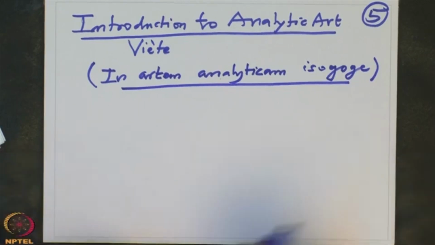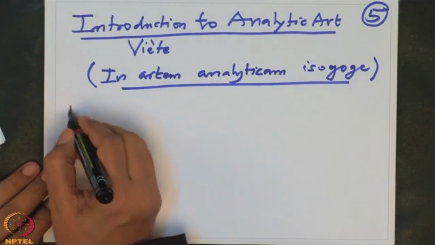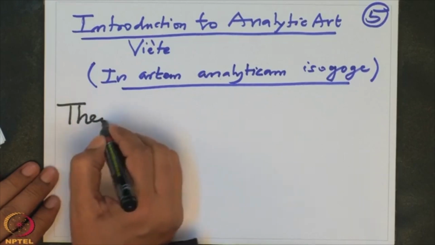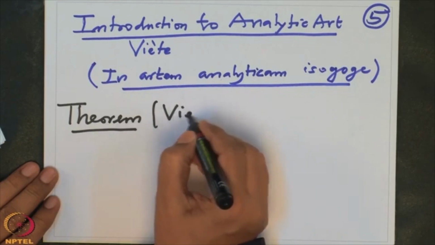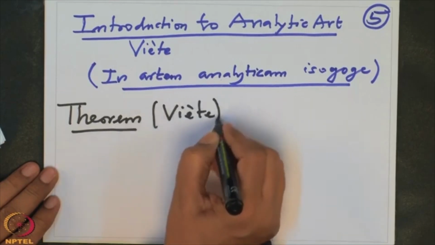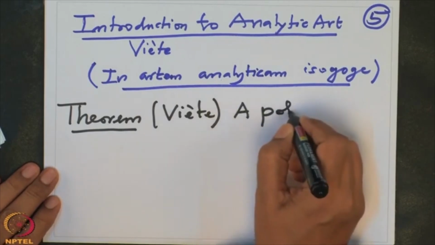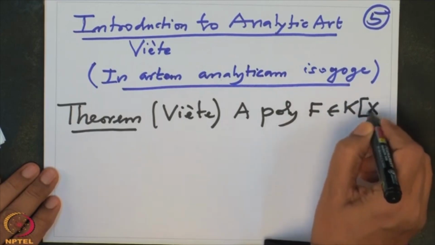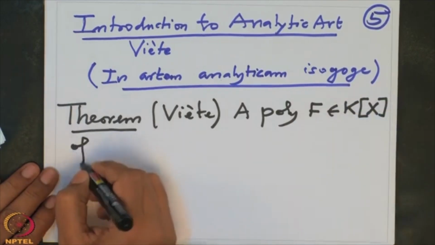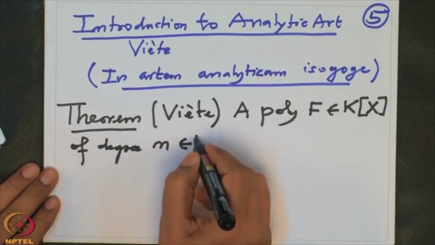So let me now state what we proved, this observation, as a theorem, so that we can refer to it. So this is the theorem, this is Viète. A polynomial f with coefficients in a field K of degree n, where n is a natural number.